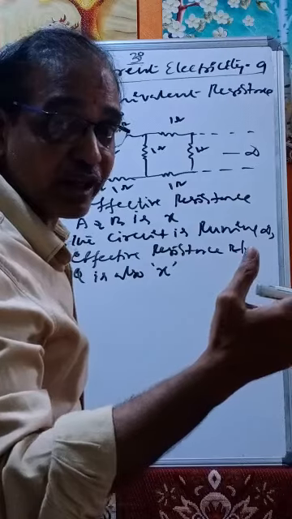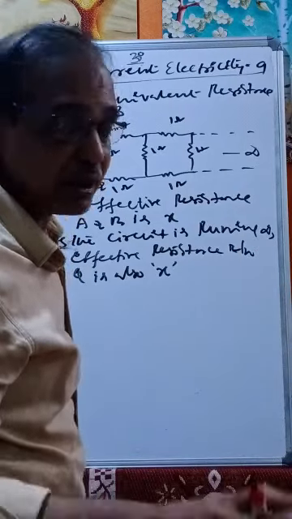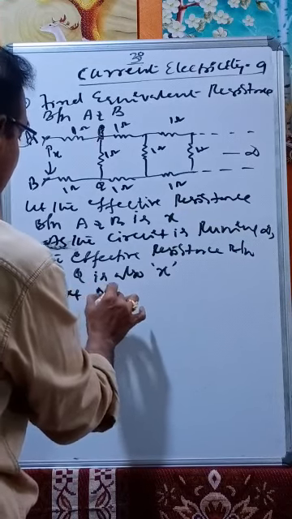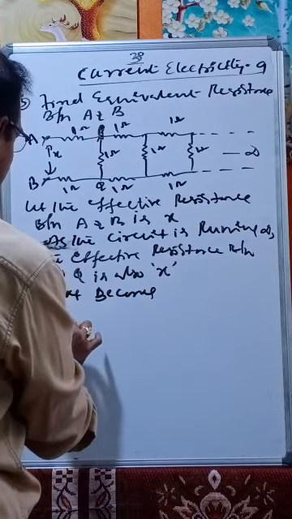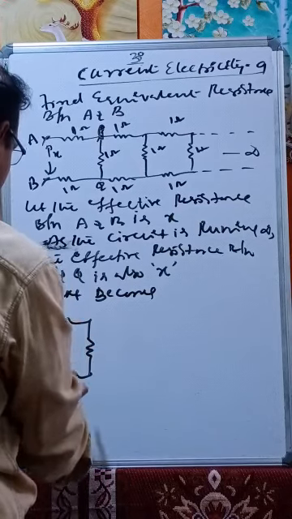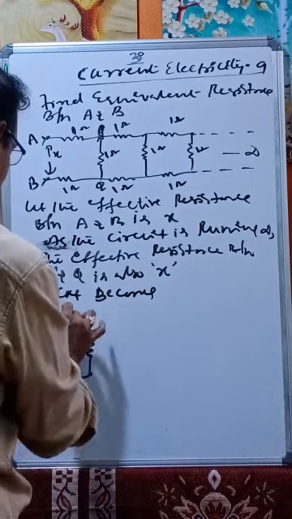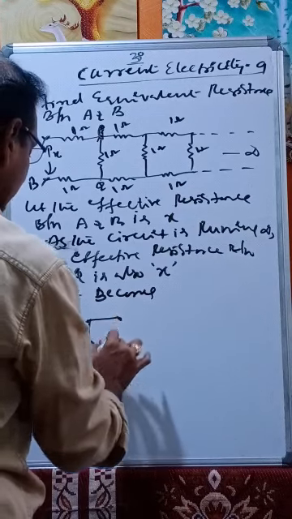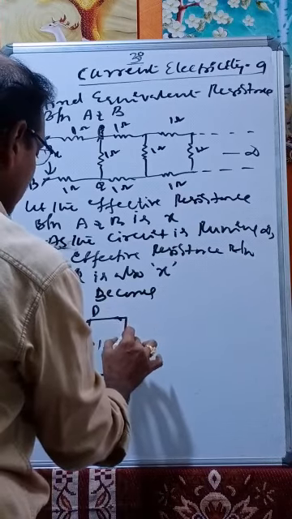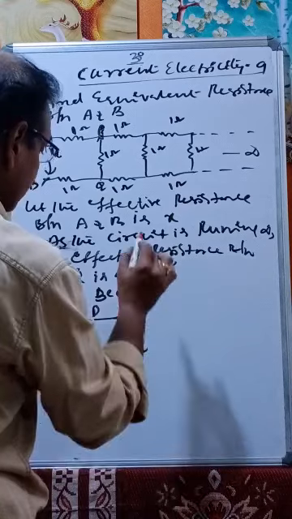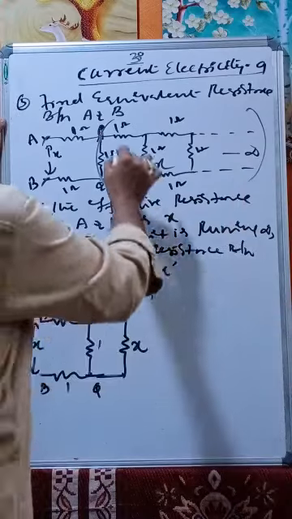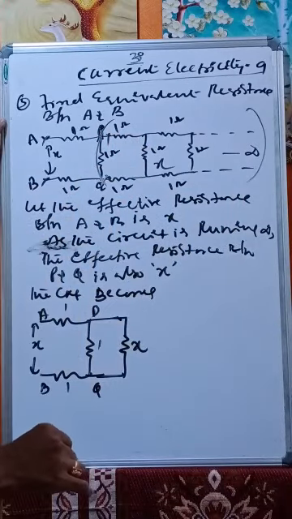Removing one part from infinity makes no difference. Therefore, the circuit becomes: this is 1, this is 1, this is A, this is B, and this is X, with 1, 1, 1, and this is P and Q. The effective resistance of all this is also equal to X.